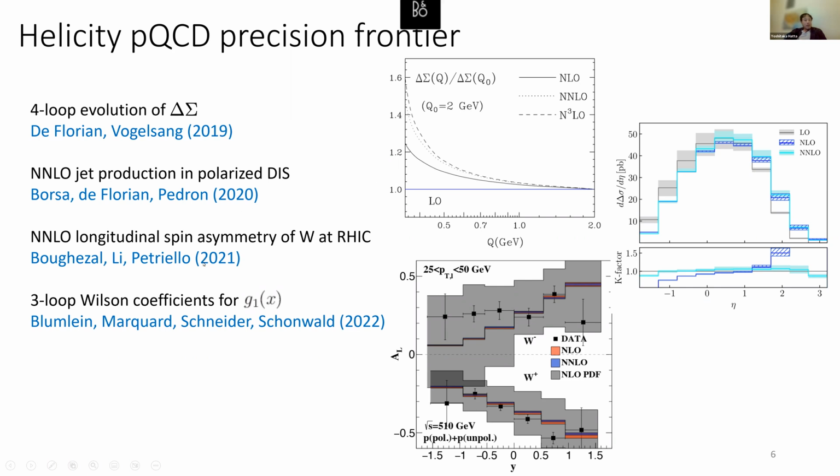And also there's a next-to-leading order longitudinal spin asymmetry of W at RHIC, and also the 3-loop Wilson coefficient for this g1 structure function. So these are basically higher order calculations, which are usually done for LHC observables, but nowadays these experts are looking into the helicity sector, which is observable in relation to the EIC. So I think this is a great movement in the field.